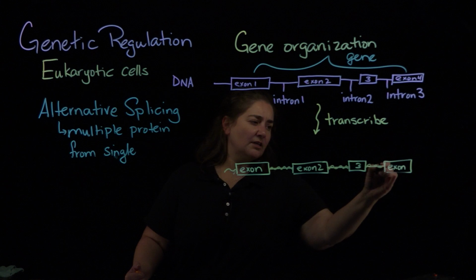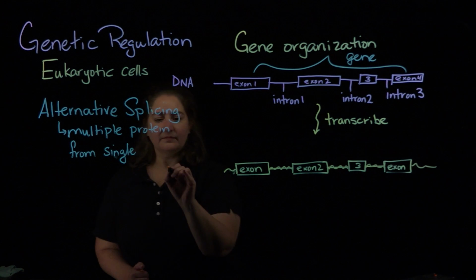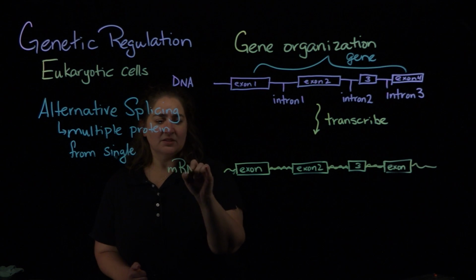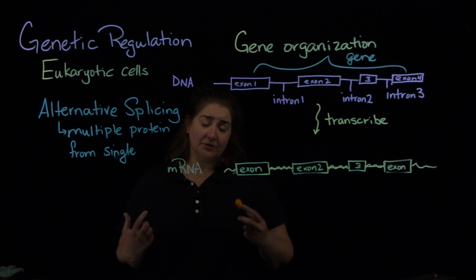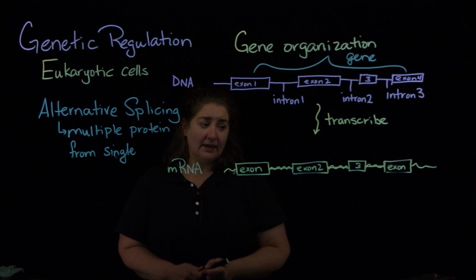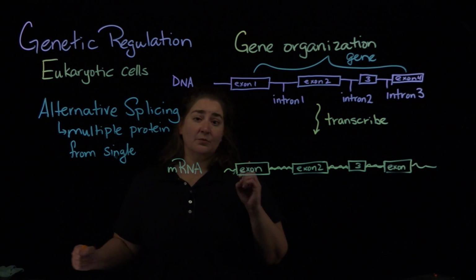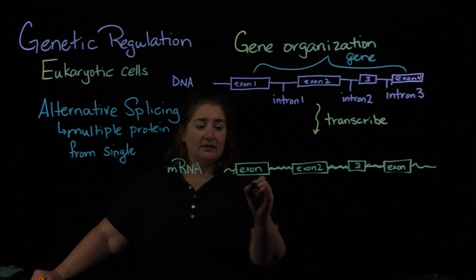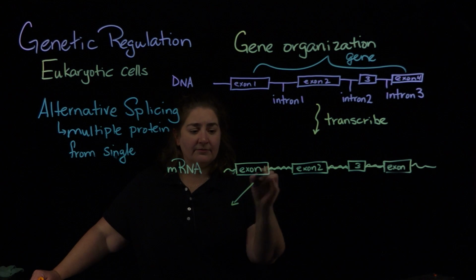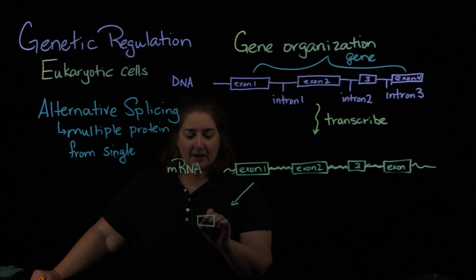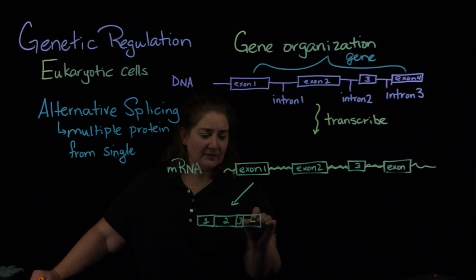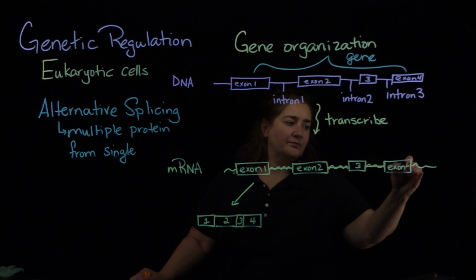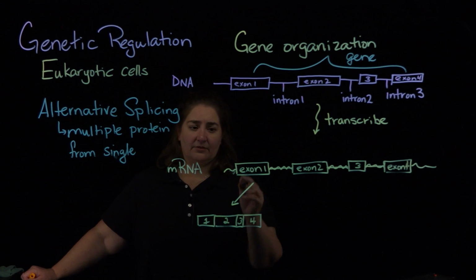Maybe what I need to do is make these wiggly. Because now what we're talking about is we have messenger RNA. It's the messenger RNA that can be alternatively spliced. It might be in terms of the protein that needs to be made. We can have an option where exon 1, exon 2, exon 3, and exon 4 are all spliced together.